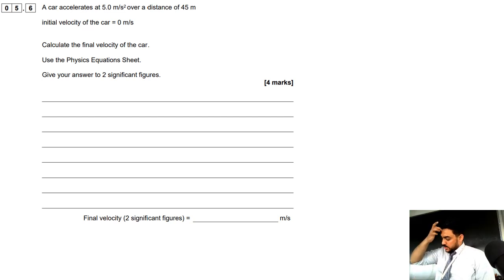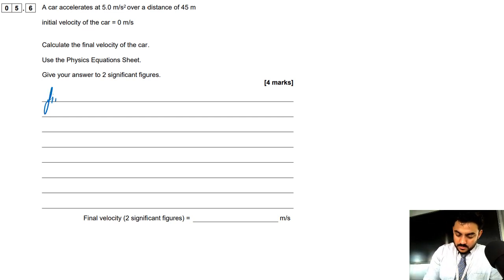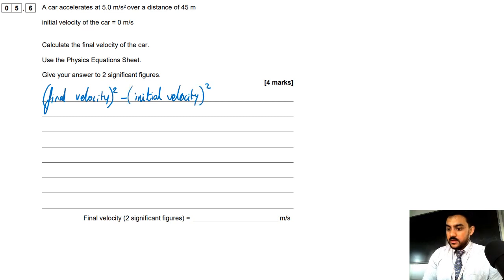I can see the equation sheet, and it says final velocity squared minus initial velocity squared is equal to 2 times acceleration times distance.